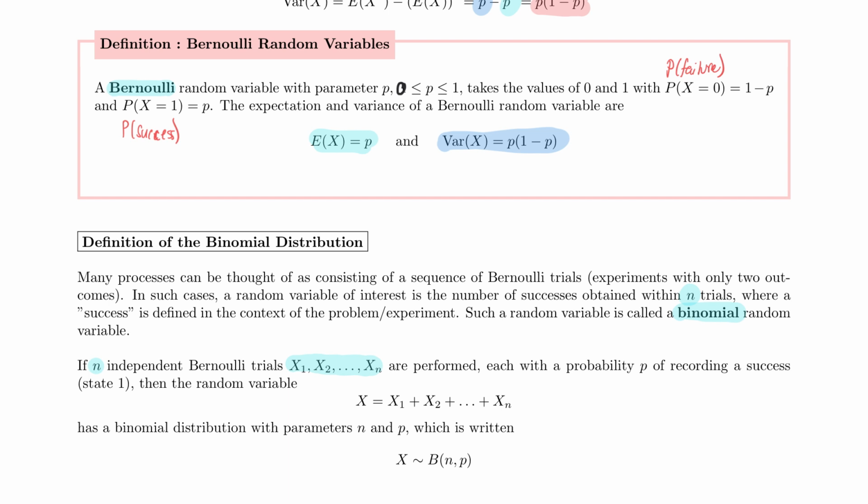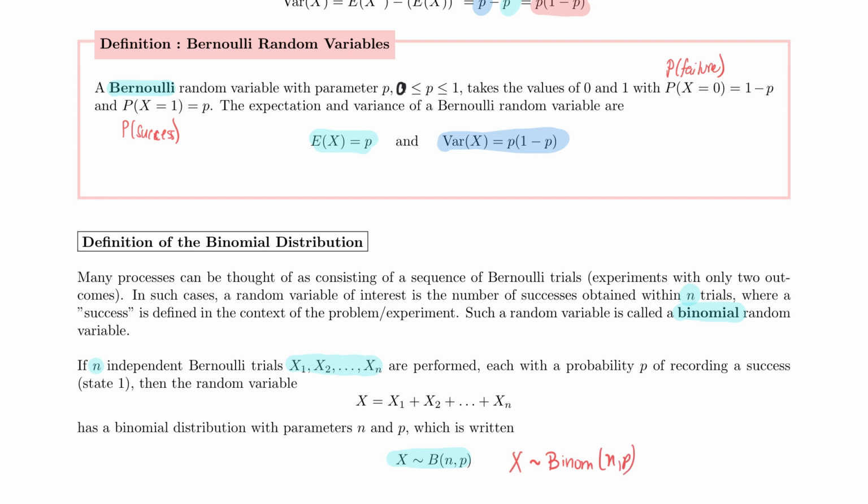So our binomial distribution is written as x, and then you see this little tilde sign. It just means that x is being represented by a binomial distribution of n and p. The parameters of this distribution are n, the number of trials, and p, the probability of success on each trial. Sometimes I've also seen it written as x is described by binom of n, comma p.